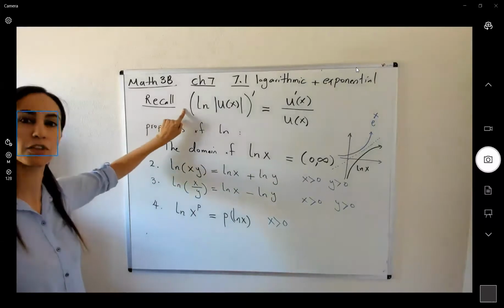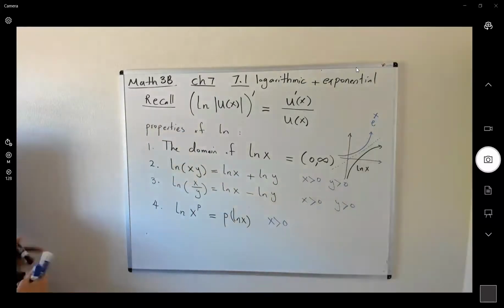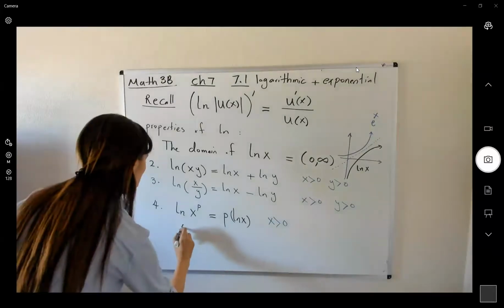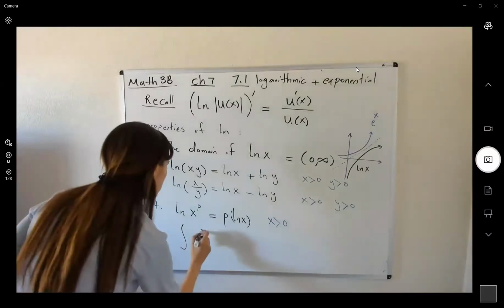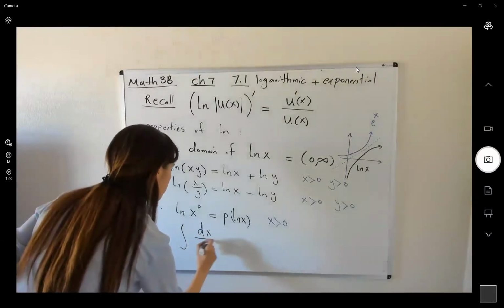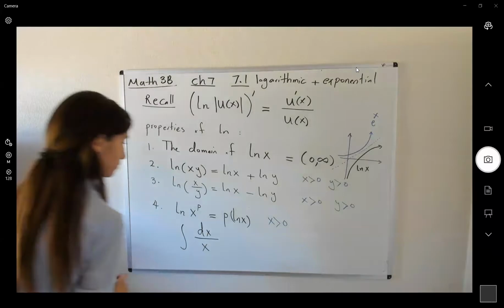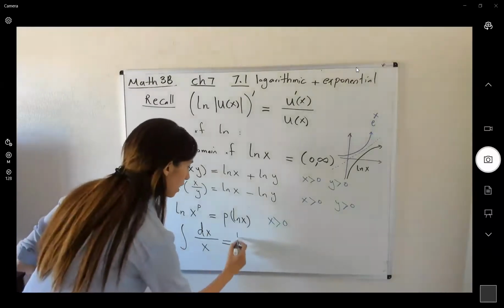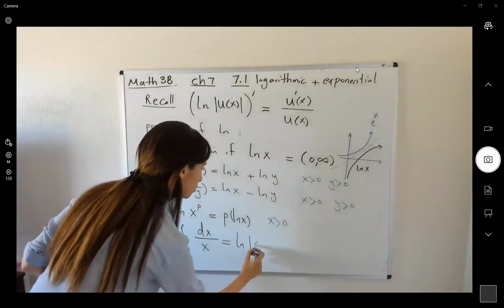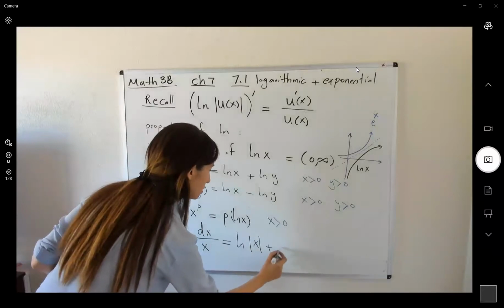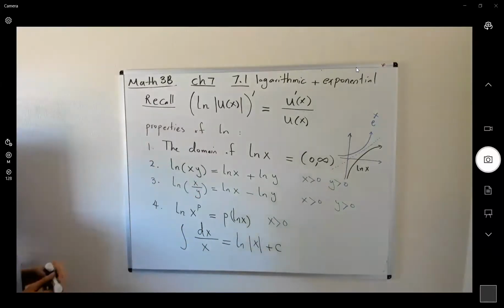We talked about the derivative of the ln function. So the integral of dx divided by x is equal to ln of absolute value of x plus the constant of integration.